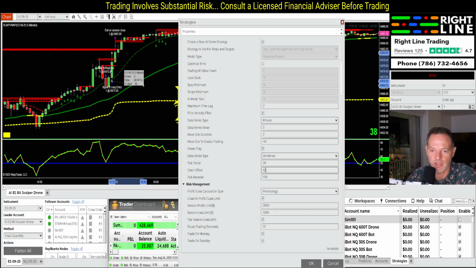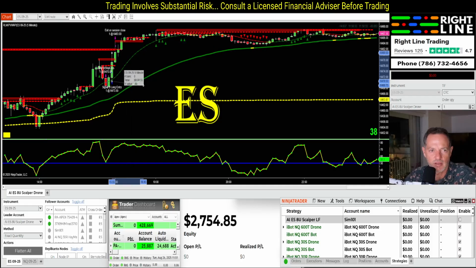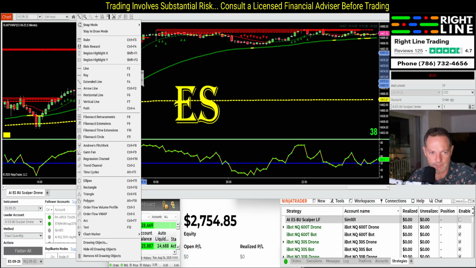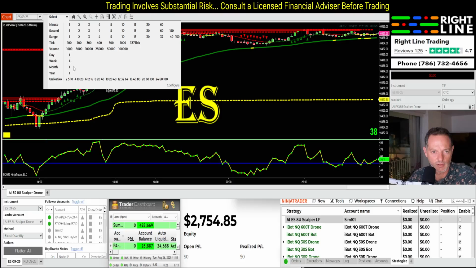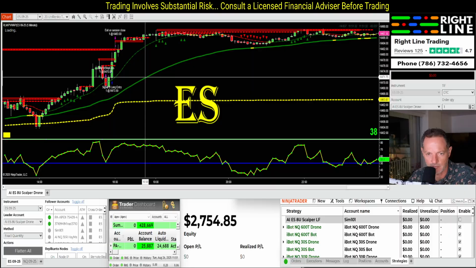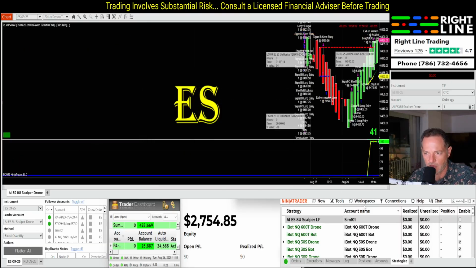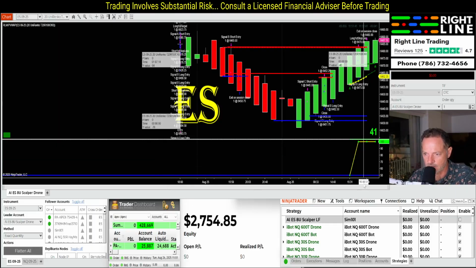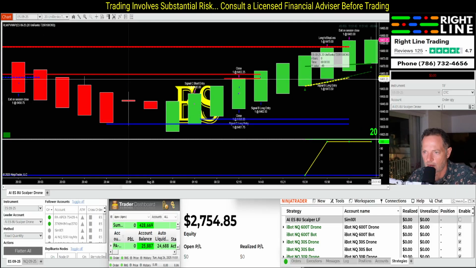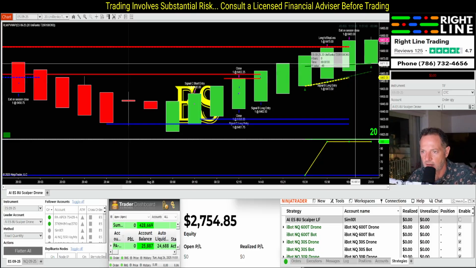If we were going to look at this 20 Unarenko on the ES chart, we would only take a trade if this is green. So I'm going to go to the data series of the 20 Unarenko, and we're going to look at what color the 50 is. The 50 is that solid line.